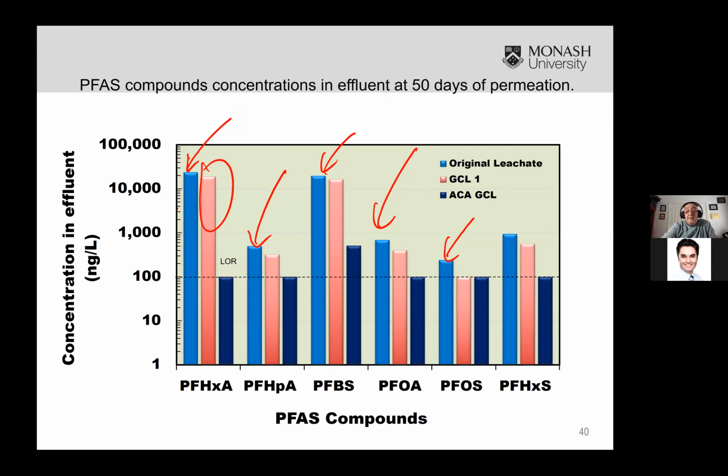So the concentrations are pretty high. In general, the PFAS concentrations did not reduce much in the non-amended GCL. The small changes we have observed can be attributed to the presence of hydrophilic functional groups in the PFAS compounds, which of course offered some capacity for absorption into the bentonite component.